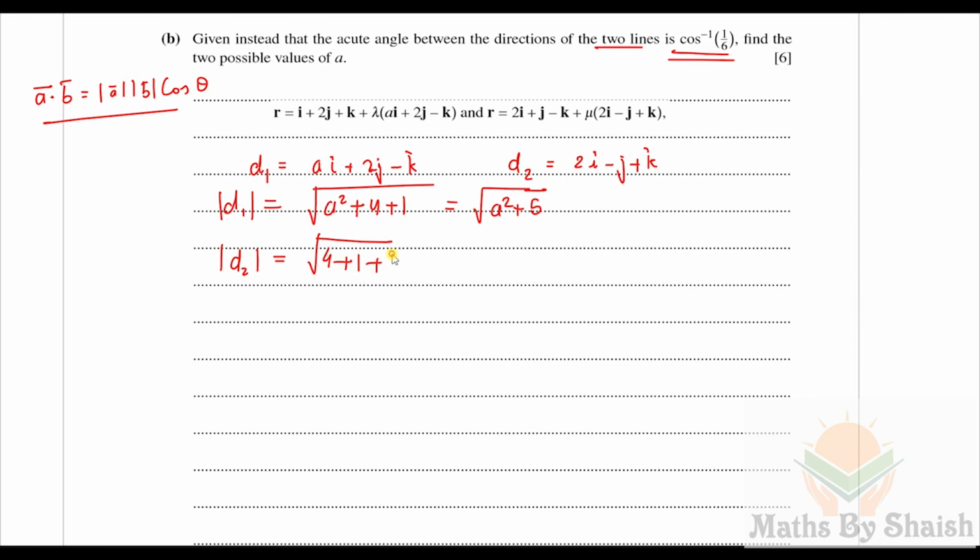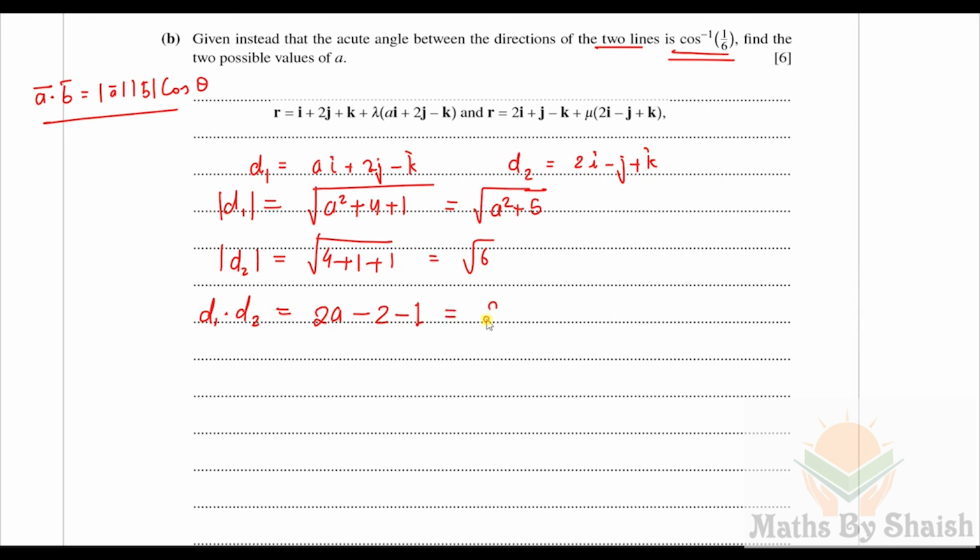And the dot product D1 dot D2 is going to be a into 2, 2a, plus 2 into minus 1 is minus 2, minus into plus, that is going to be plus minus 1. It is going to be 2a minus 3.